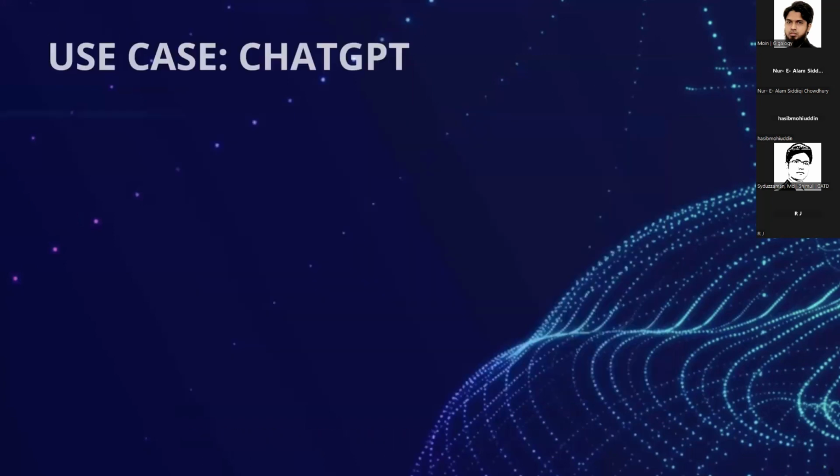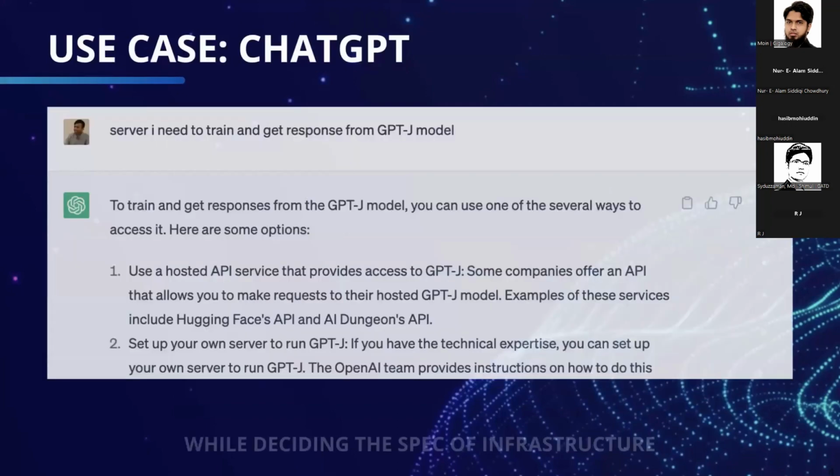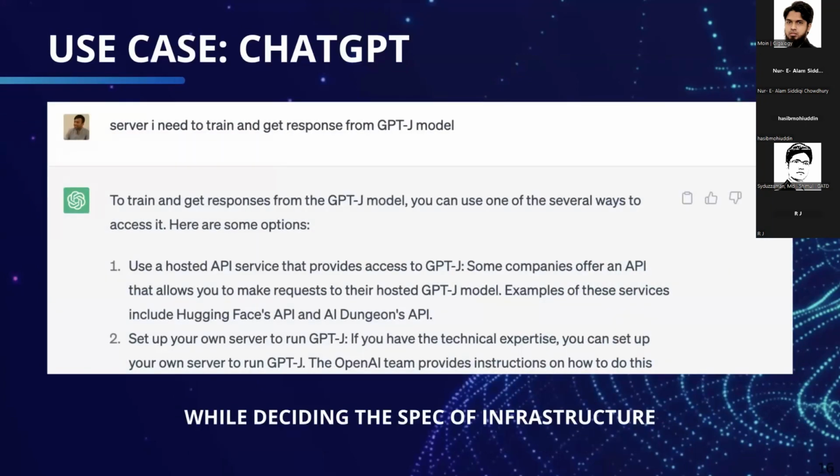Another use case that I often use, and I think this is a very good one, is trying to define the specification of an infrastructure. I was very curious how I can host these large language models in our own infrastructure.